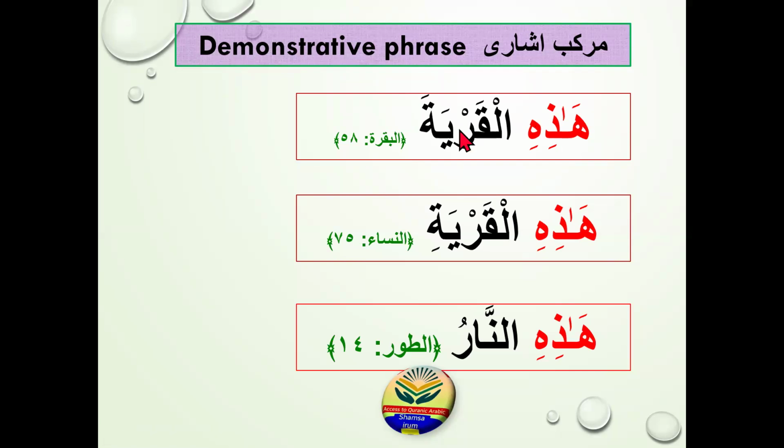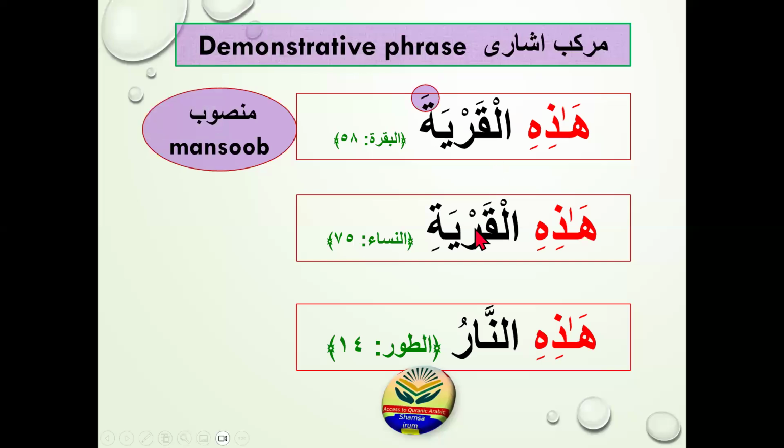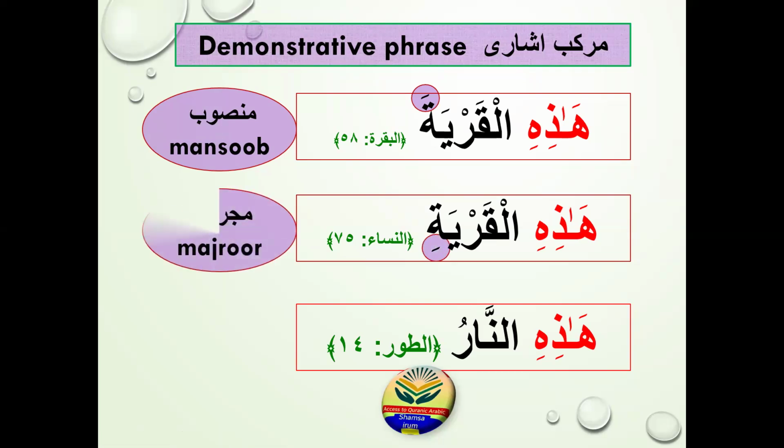So you can check quickly what the Arab is. This time al-qaryata is mansub because it ends on the fatha. So this whole murakkab is mansub. The middle one, the second ayah, ends on kasra, so it means the whole murakkab is majroor here.